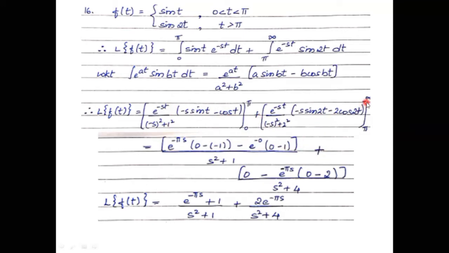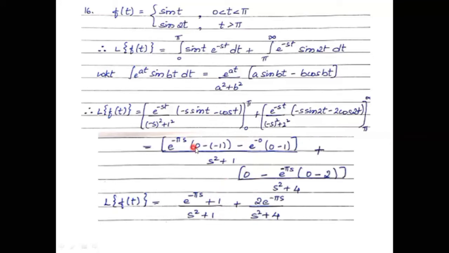okay, upper limit first is infinity, e power minus infinity is 0, so I have written 0 here, minus the lower limit e power minus pi s, sine 2 pi is 0, minus 2 cos 2 pi, cos 2 pi is 1, so it is minus 2 divided by, here it becomes s square plus 4. I have written that here, and after solving this and removing all these zeros, we'll get like this.